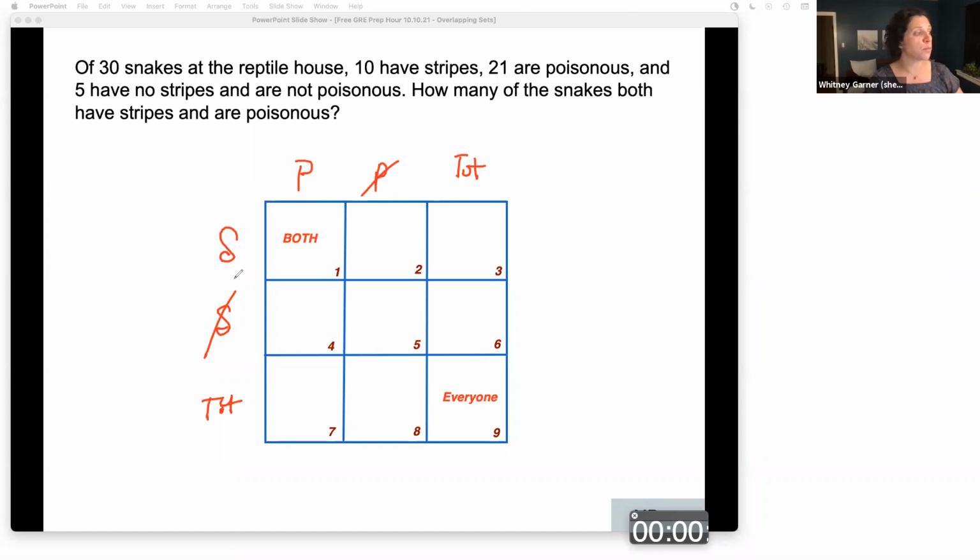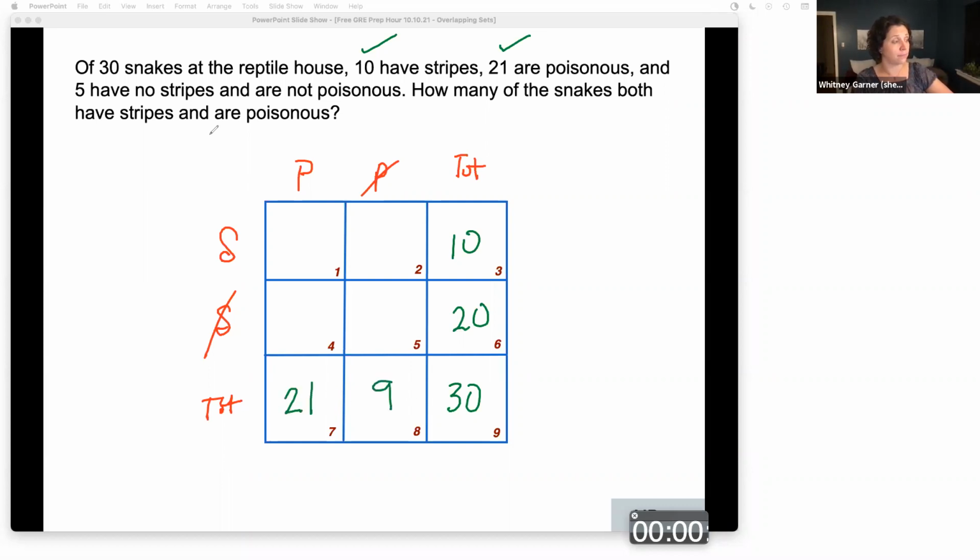So if something can be both poisonous and stripes, it would go in this top corner, and this will be everybody down here. Once again, we have 30 of our snakes. Now 10 have stripes, so that's everybody with a stripe. That means 20 don't. 10 plus 20 is 30. 21 are poisonous, which means then 9 are not.